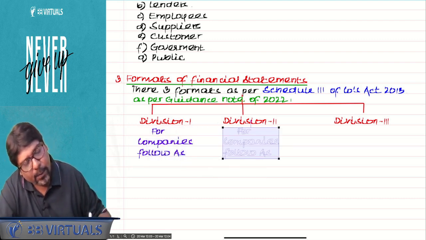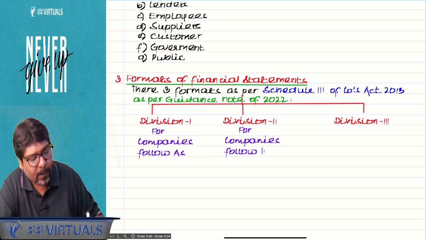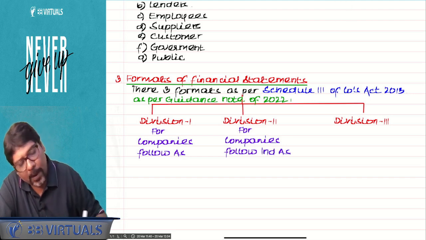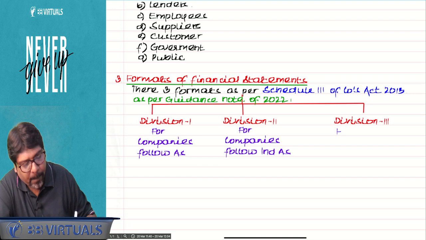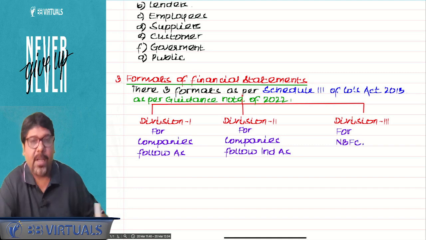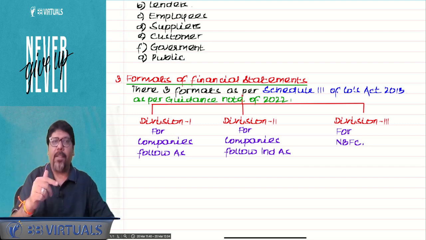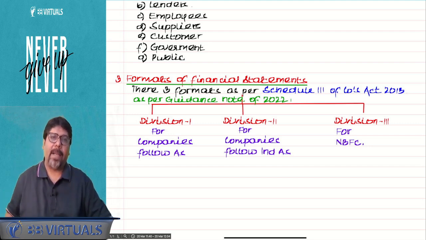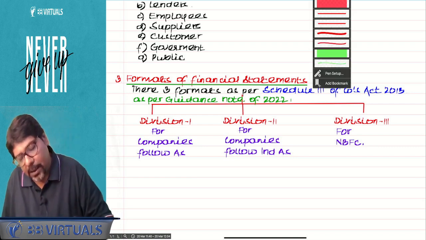This division 2 is for companies following Ind AS, and division 3 is for NBFCs, non-banking financial companies. That means they are into finance, but they are not a bank. They are doing the business of finance, but they are not a bank. Am I clear?